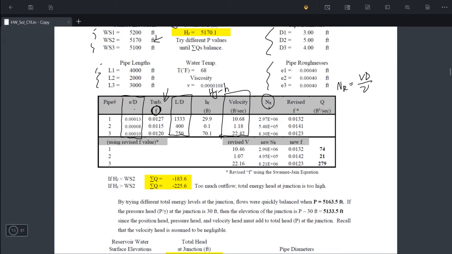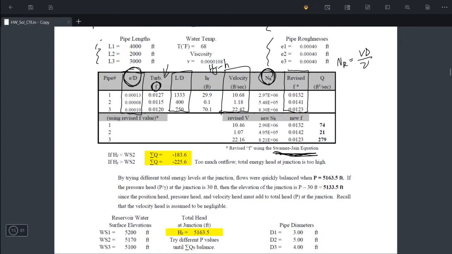And you have this term and the Reynolds number, so we can use these two pieces of information and the Moody diagram to find the revised factor F. The alternative is that you can use this equation to solve for F. Either way is fine, as long as you can use these two pieces of information to find a new factor F.